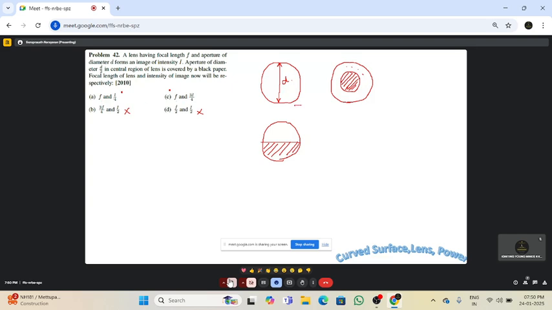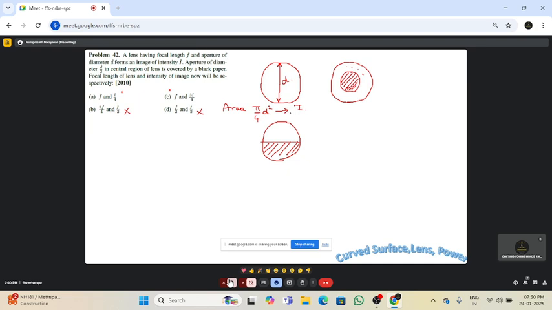The intensity was I for the area pi/4 d squared. We can say pi r squared or pi/4 d squared.